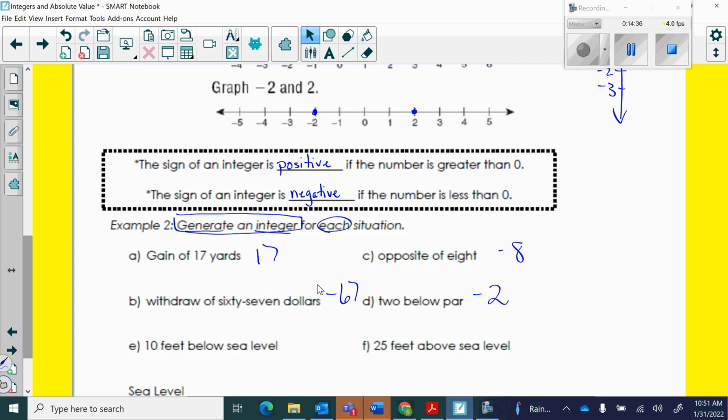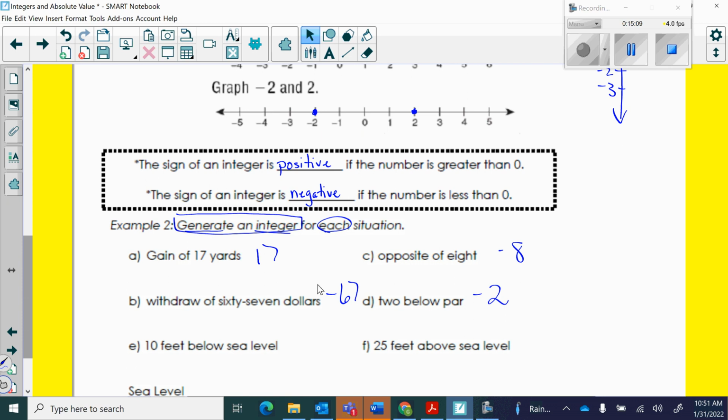No, how many shots did it take me to go around the entire course? 70. Because par is 72. So it's expected for me to take 72 shots to get all the way around the course. If I say I finished 2 below par, that means I actually did it in just 70 shots.